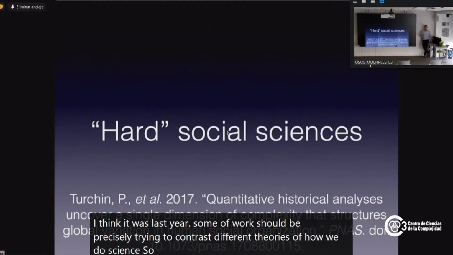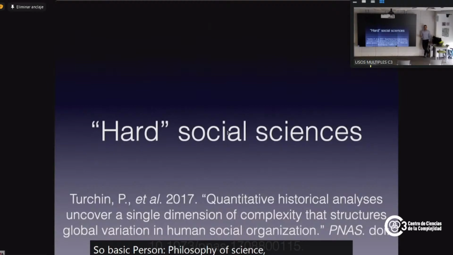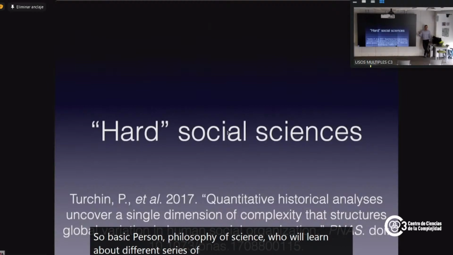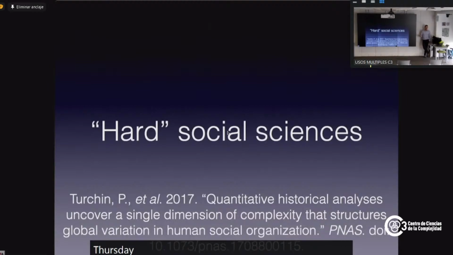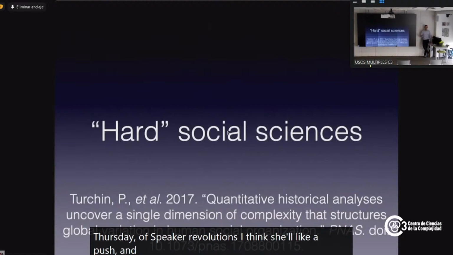If you take a basic course on philosophy of science, you will learn about different theories of how science is made. There's the theory of Kuhn, of the revolutions. I think she also covered Lakatos and Feyerabend, maybe. Well, I think it was these three theories.